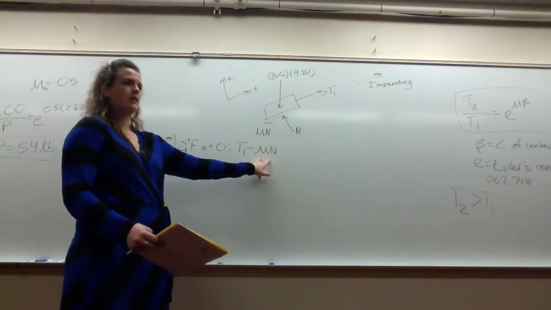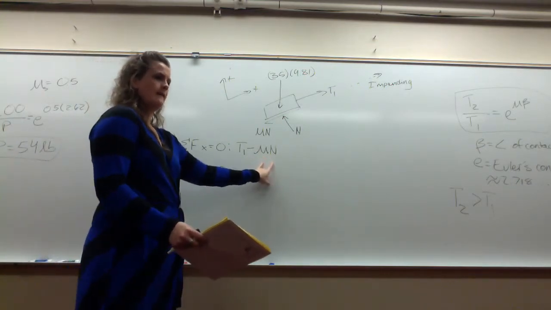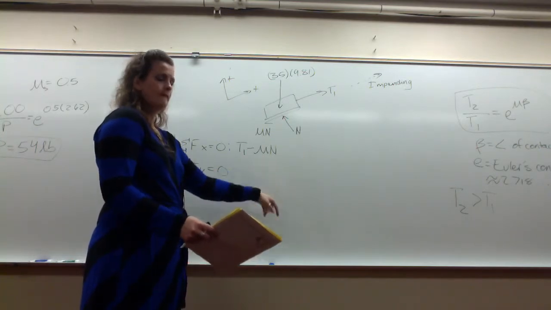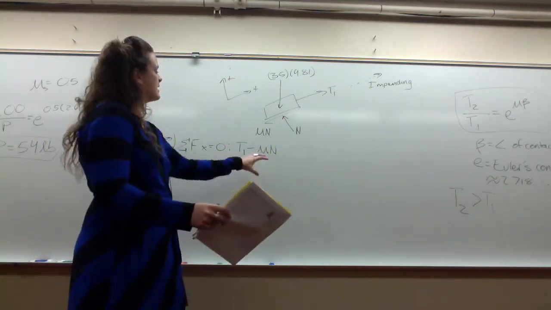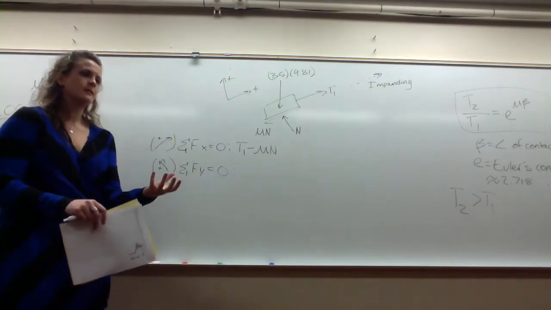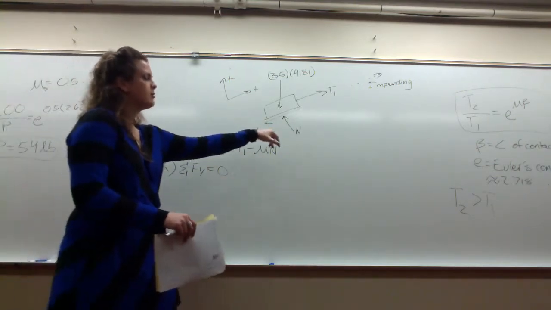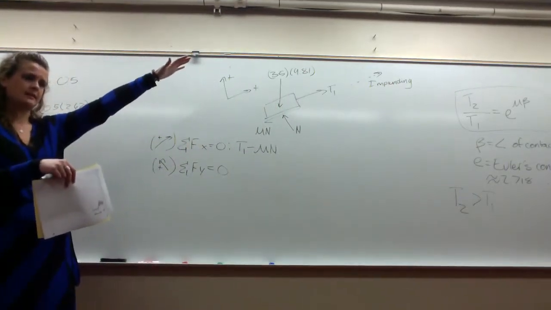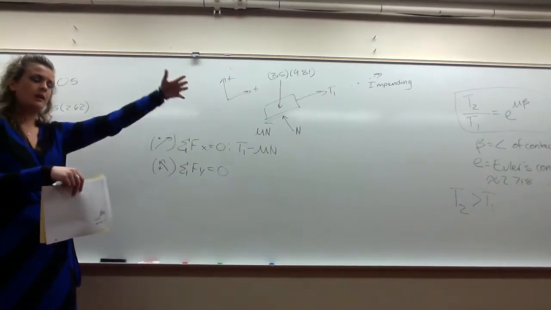And we've tilted our coordinate system. Right? Because we tilted our coordinate system to be in this direction, this normal force isn't applying a force in our tilted x coordinate system.